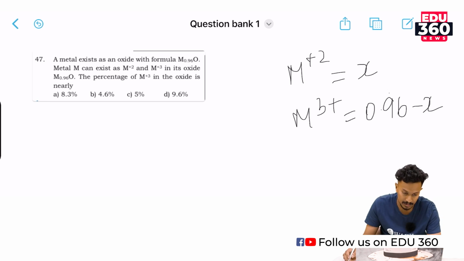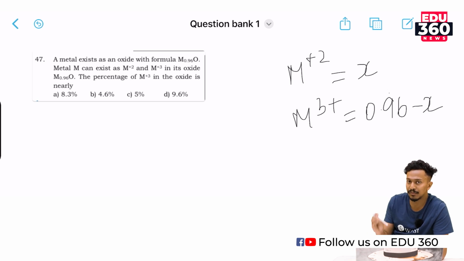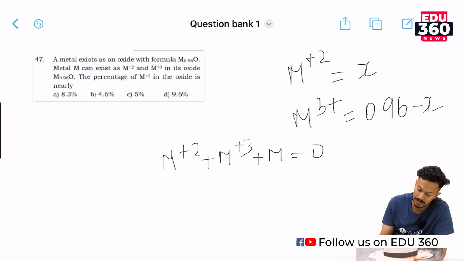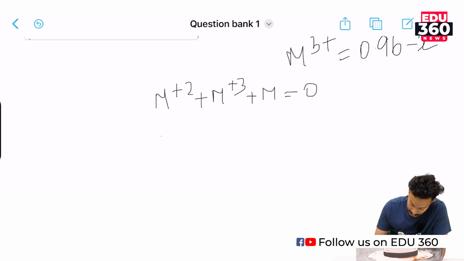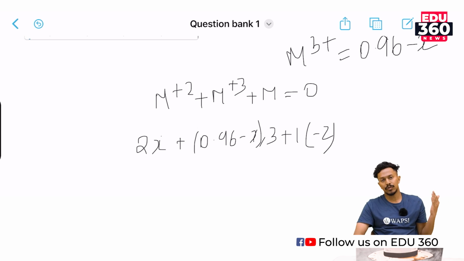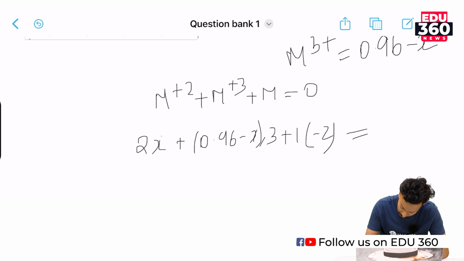Are you familiar with this one? We know that the overall charge in both oxidation states and the metal ion is 0. So 2x plus (0.96 minus x) into 3, plus 1 into minus 2. We do know that the oxidation state of oxygen is minus 2, and this is equal to 0.